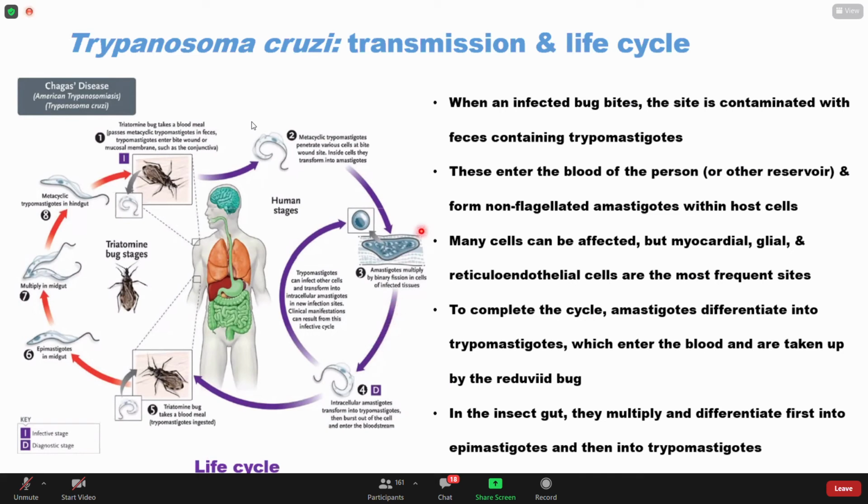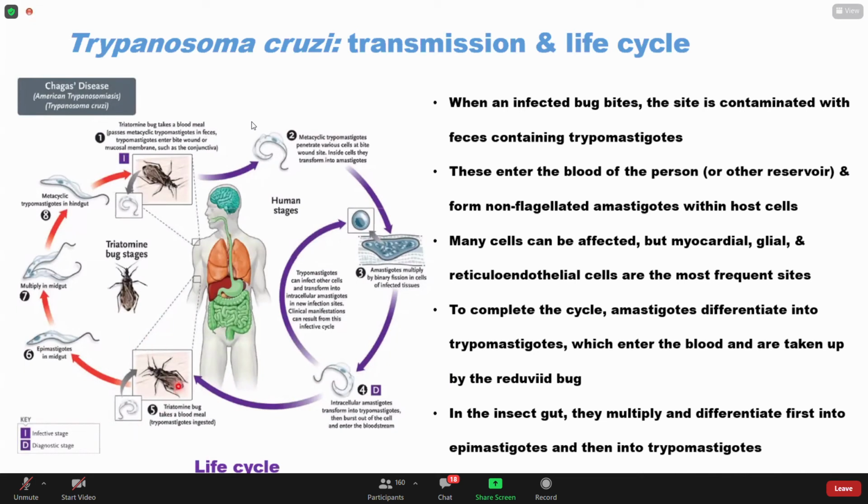Now, what they do, which is quite different from what happens with Leishmania, is that the amastigotes, when they are released, can revert to the trypanosome stage, that is the flagellate stage, and this can invade new cells, and the infection can continue.